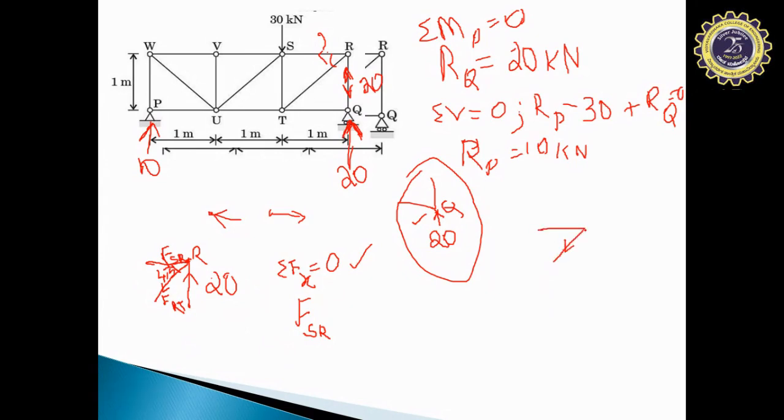So we can resolve it into two parts, in the horizontal direction and in vertical direction. Since the angle is made with the horizontal force, this will get cos component, cos 45, and this will get sine component, sine 45, along with force magnitude, that is RT.